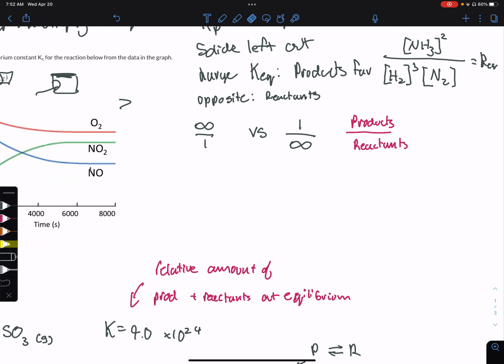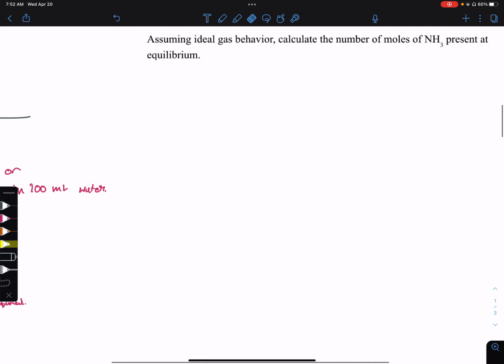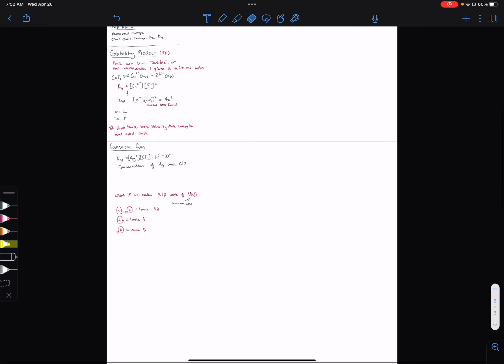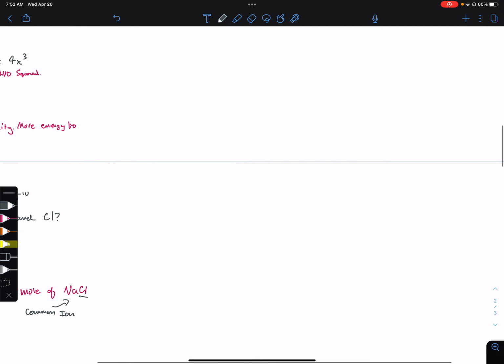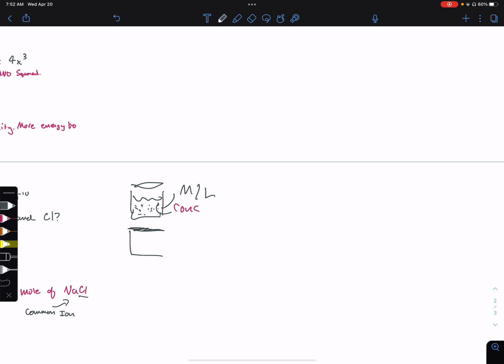Concentration versus pressure. I'm going to get some new space. With concentration, we're usually talking about molarity. If you're given a beaker of water, how many moles per liter of substance is dissolved in the water, that's concentration. But if we're talking about gas, you have a closed beaker with gas particles in there.